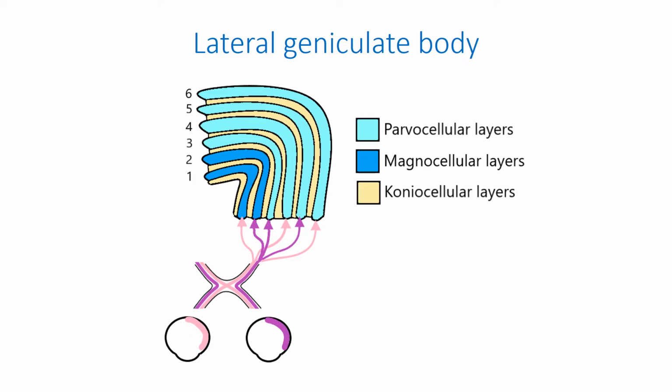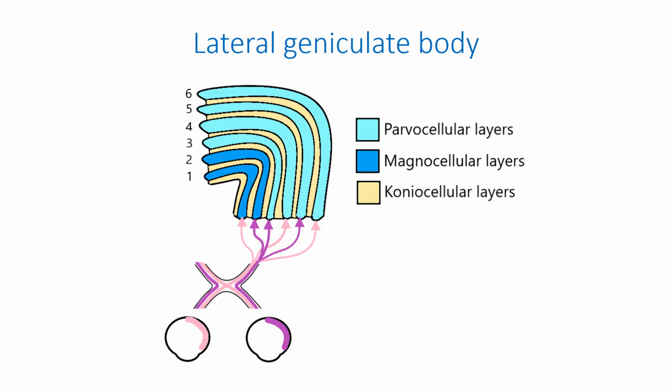field. For example, the right dorsal lateral geniculate nucleus receives inputs from the right hemiretina of both eyes that correspond to the left visual field.